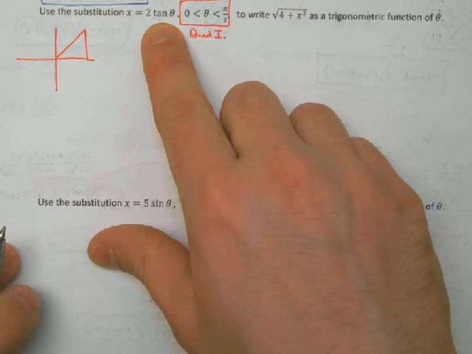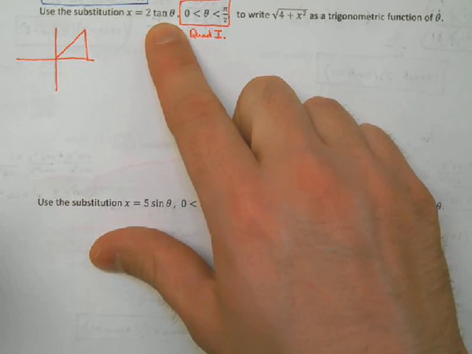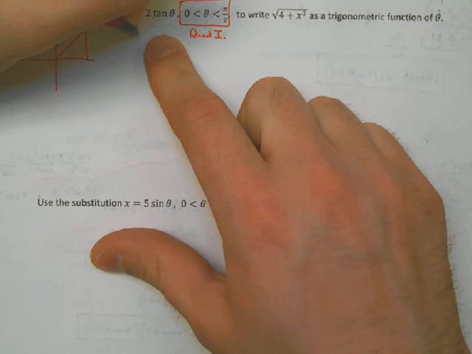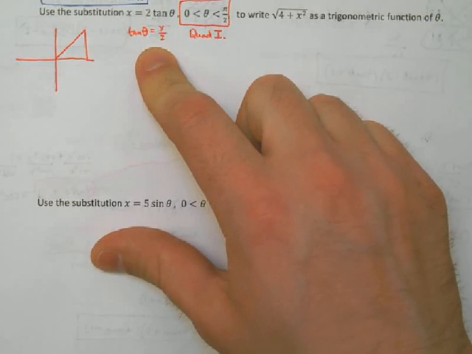I know that the cosine of theta is equal to adjacent over hypotenuse, 2 over the square root of 4 plus x squared.